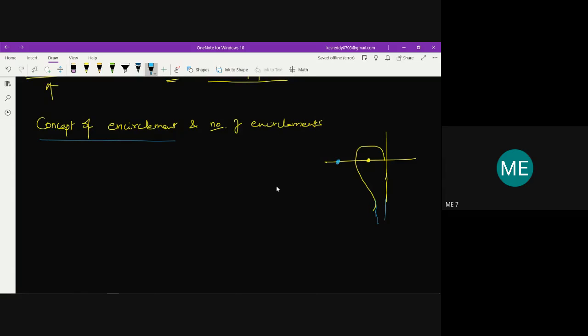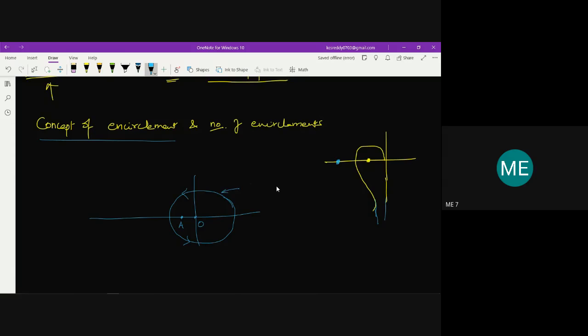So if I take any closed path, say for example, a path about the origin, rotated like this, completely about the origin, and I have taken a point A here.